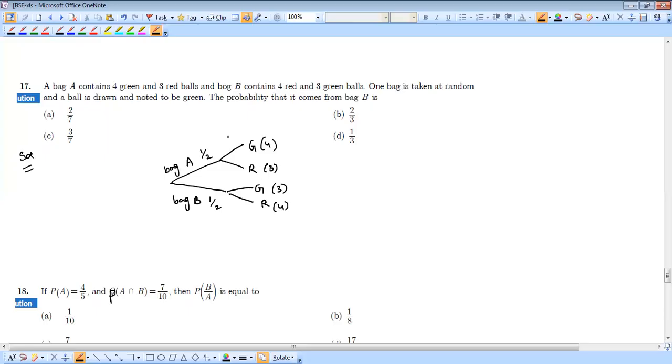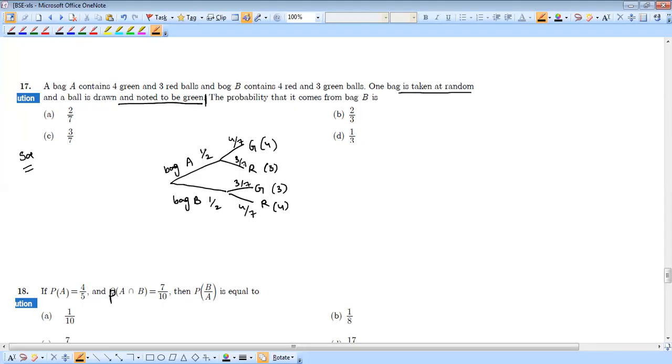Now the selection of green will be 4 out of 7 in bag A, and red 3 out of 7. In bag B, green will be 3 out of 7 and red 4 out of 7. Here one bag is taken out and the ball taken out is green. Up to here, if only this were asked, we would go for total probability.